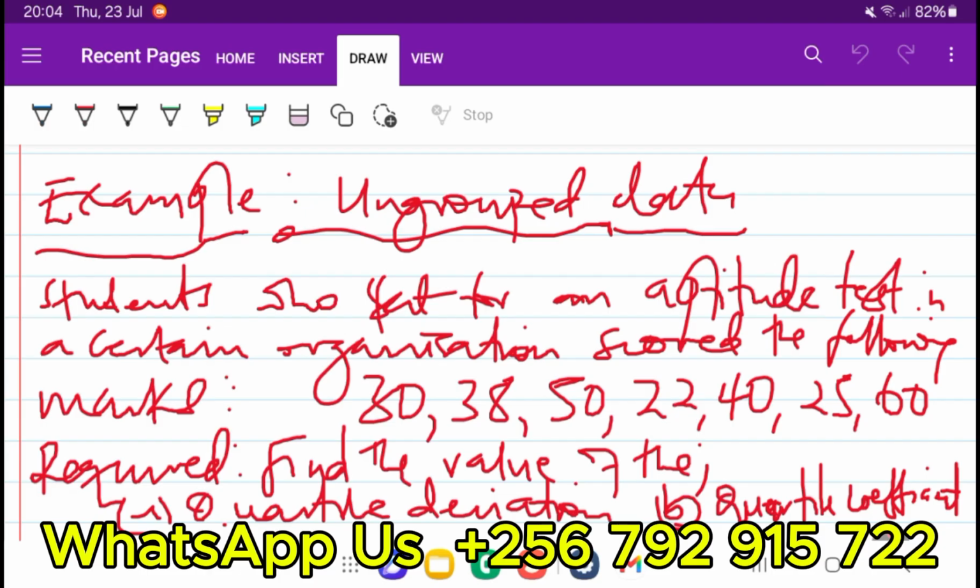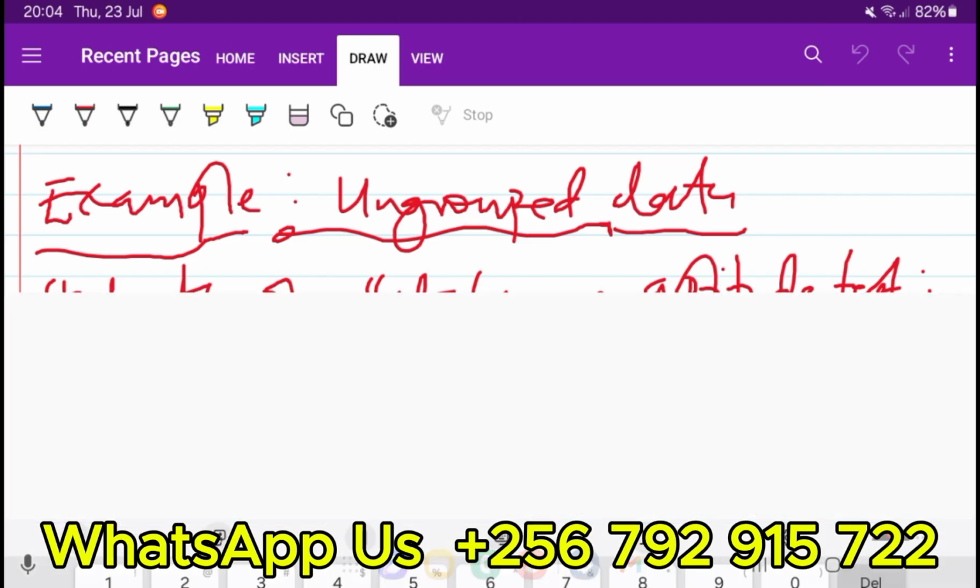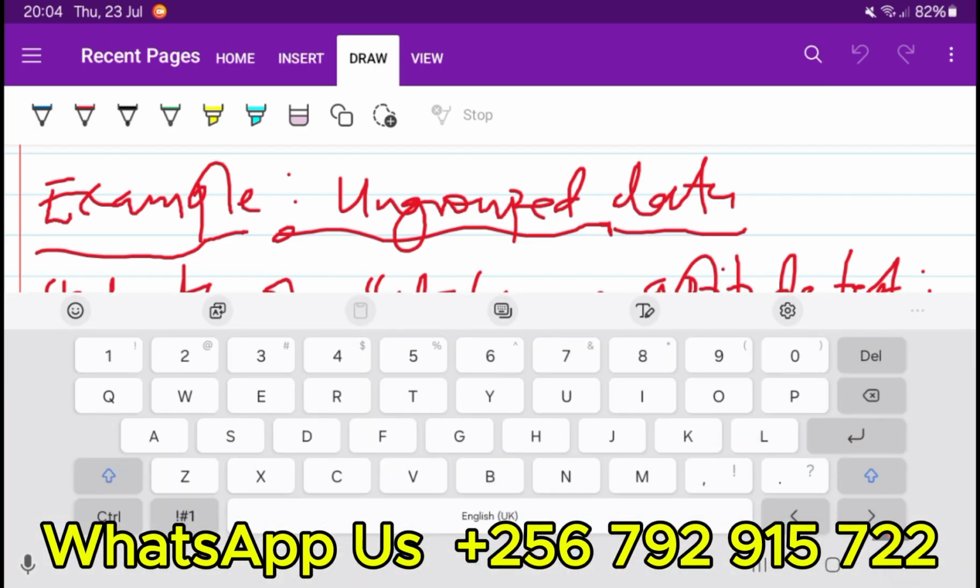In high school, we used to just, as long as you arrange the data set, divide those values into half. If they are even, then you just get the two numbers and then you get that first median. Then you also divide the rest of the values. But here, let's use the formula.